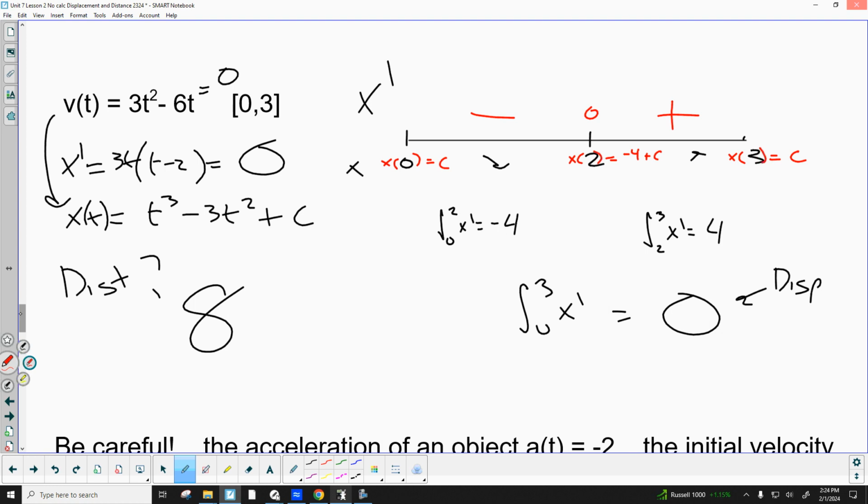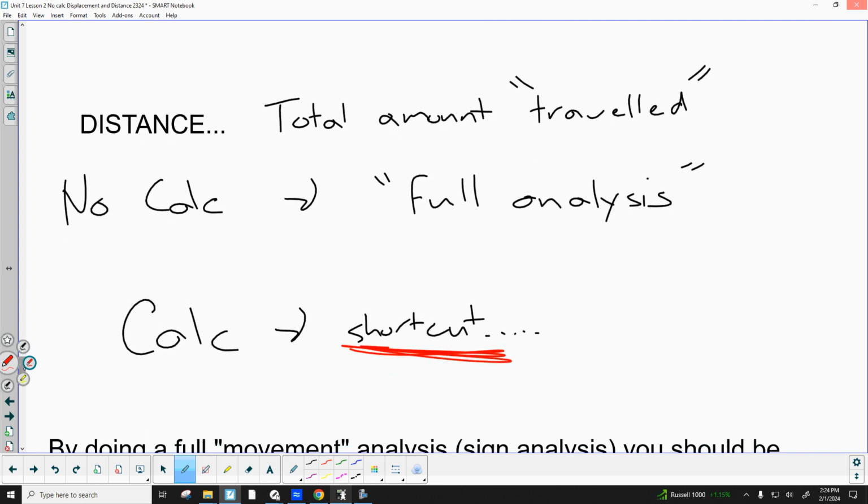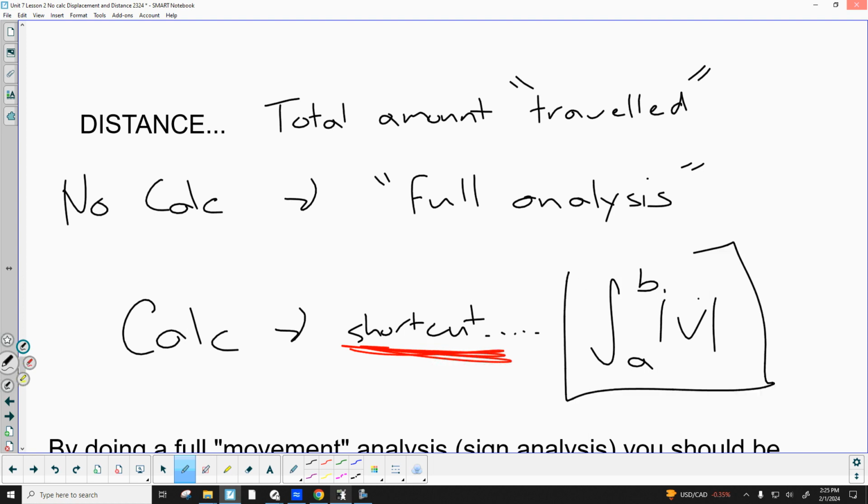You took your positive displacements and kept them positive. What is that operation, that thing in math that takes negative things and makes them positive? Guys, if you accumulate your speeds, the speeds being the absolute value of your velocity, if you use an absolute value in your accumulation of your derivative, you're getting distance.